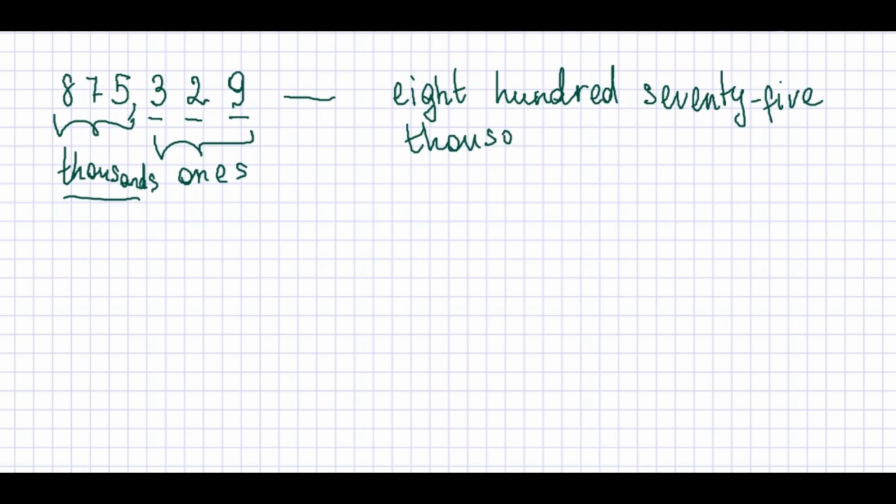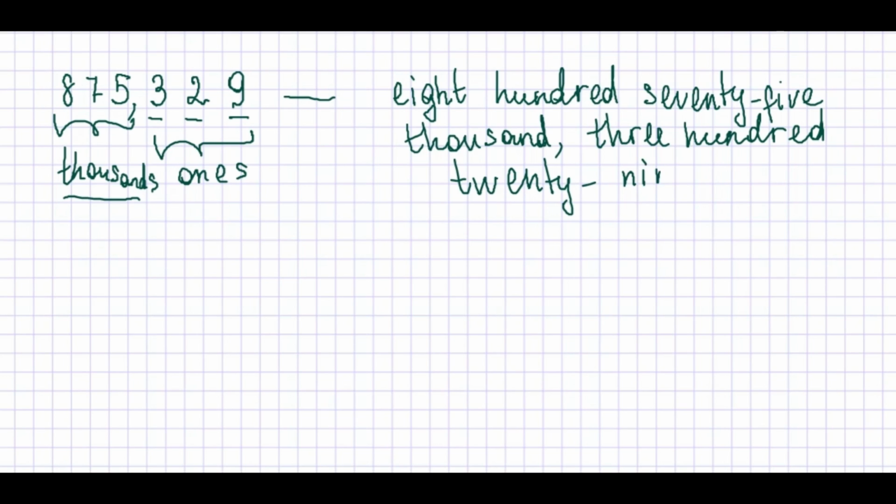875,000, comma, 329. Okay, let us look. 800, as you see, we don't use S when we tell the name of a number.